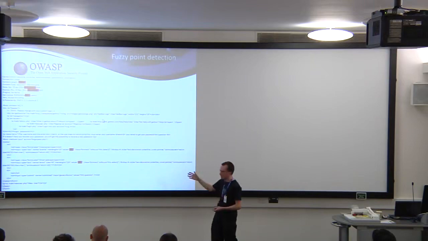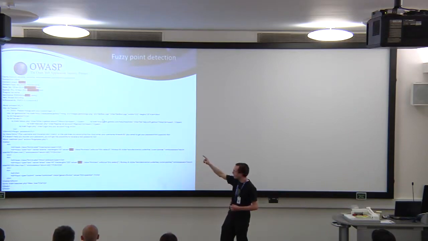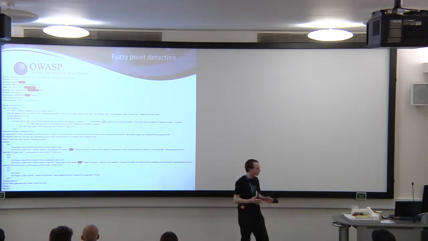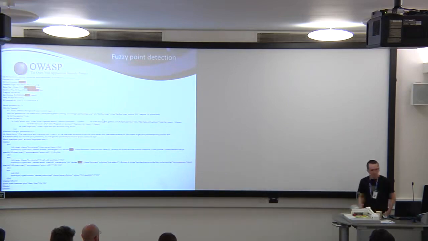So whatever appears there, it won't think that that's an interesting result. It's the same with the PHP session ID up in the top. So when this technique works, it gets very interesting results.